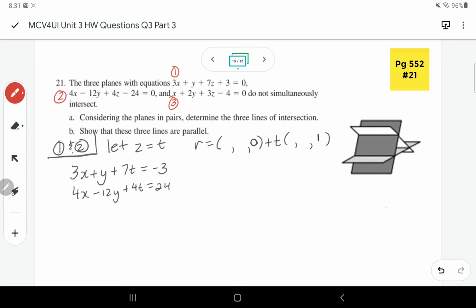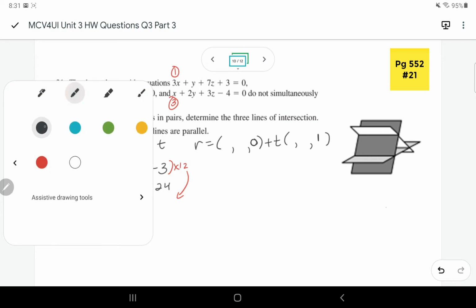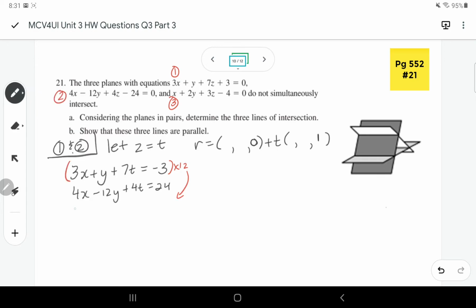Now, to do elimination, I need to get rid of the y or the z, so I'm going to multiply that first equation times 12 and say that that is going to be 36x plus 12y plus 84t equals negative 36.